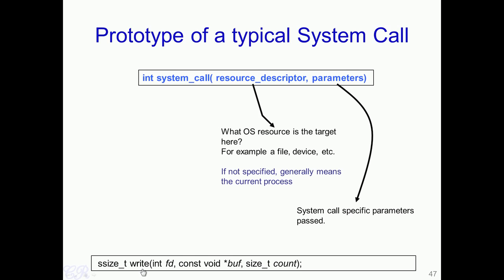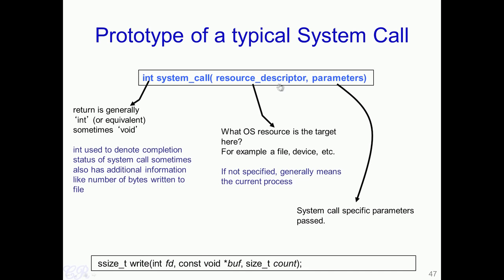For example, the write system call has the parameters buff, that is a void pointer, and the count. So, the open or the close or any other system call would have a different set of parameters. So, essentially these parameters are very specific to the type of the system call.